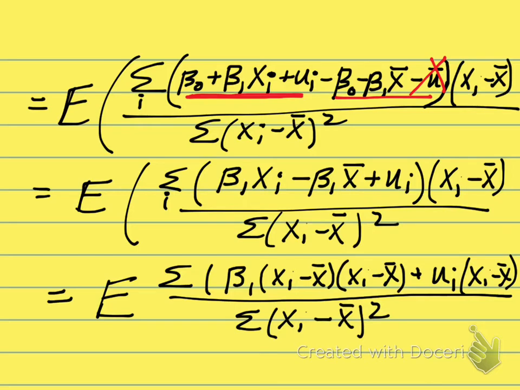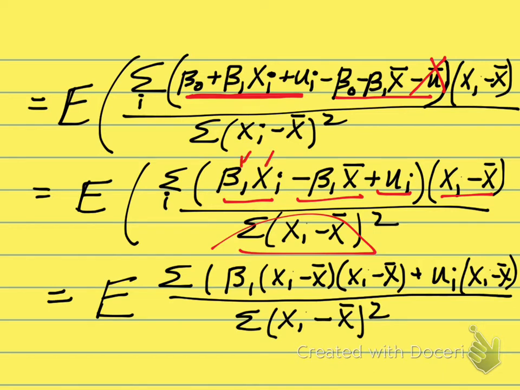I'm being a little loose here with the math, right? So we're going to have then beta 1 xi minus beta 1 x bar plus ui times x minus x bar divided by the sum of x minus x bar squared. Now I have a common factor here.